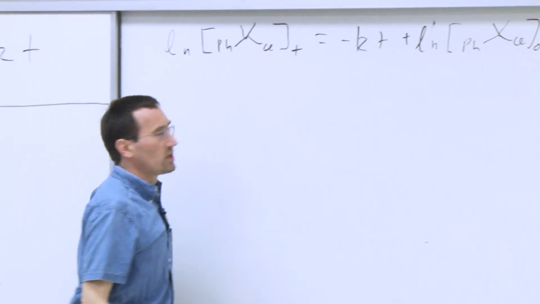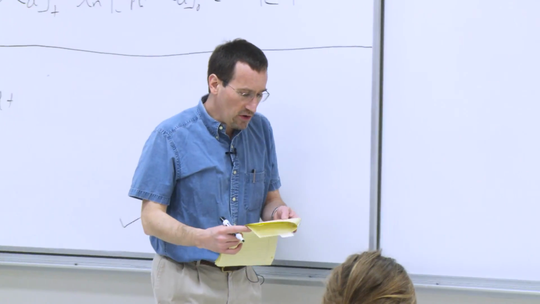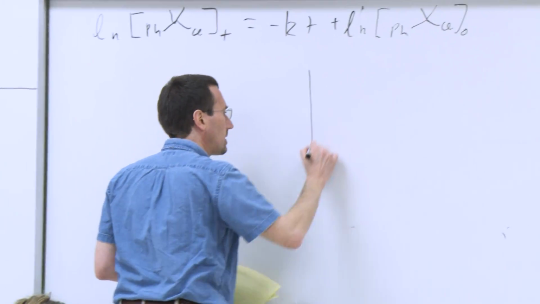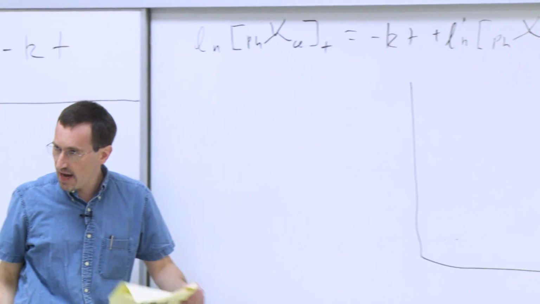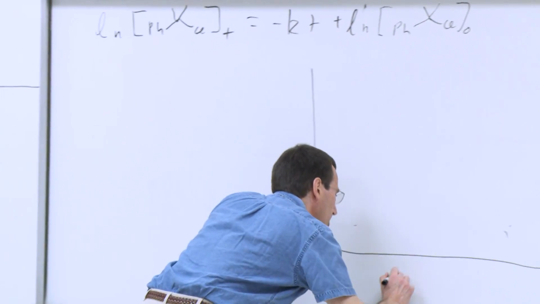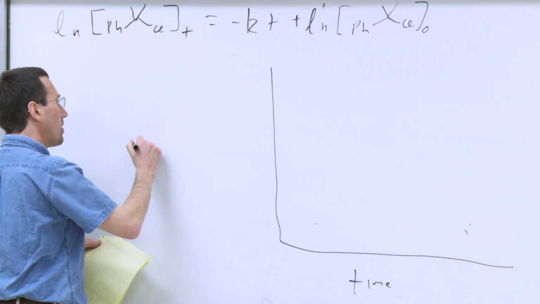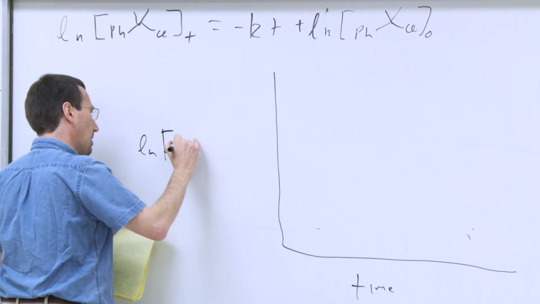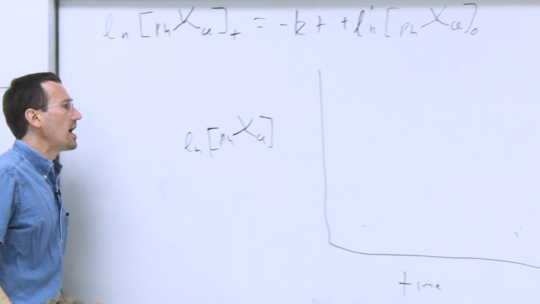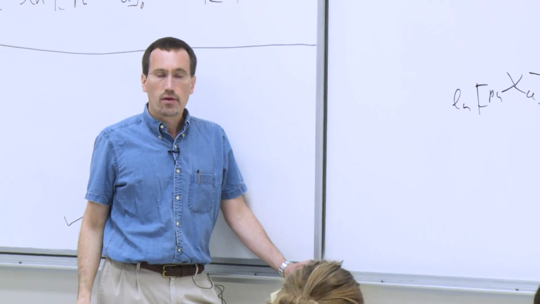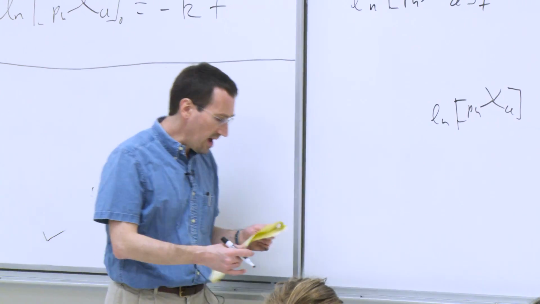This is just a y equals mx plus b equation, if you think about that. And so if you graph the time course of the reaction, in other words, we put time on the x-axis, and we put natural log of concentration of reactant on the y-axis, we would expect a straight line graph.